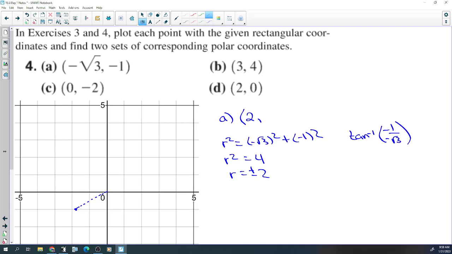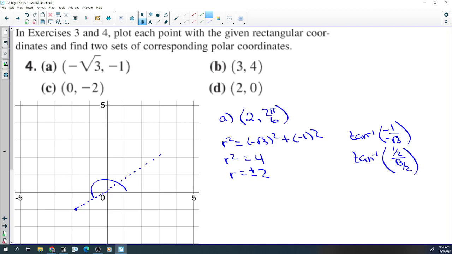So inverse tangent of 1 over square root of 3, but trig functions are ratios. So this could be 1/2 over square root of 3 over 2. In other words, the y is 1/2 and the x is square root of 3 over 2. Well, that puts us at pi over 6. But we're over here. So that would be 7 pi over 6. That's where we're at.